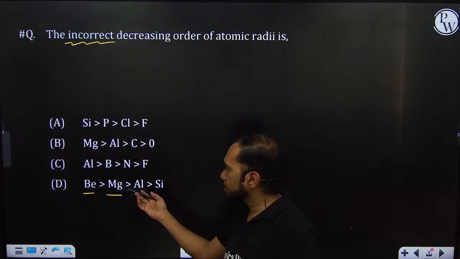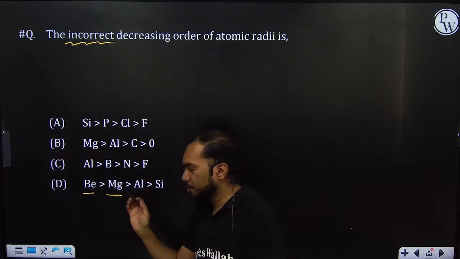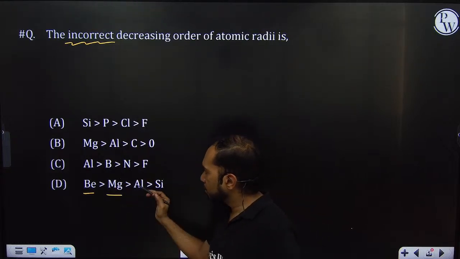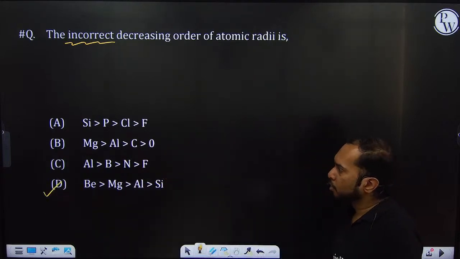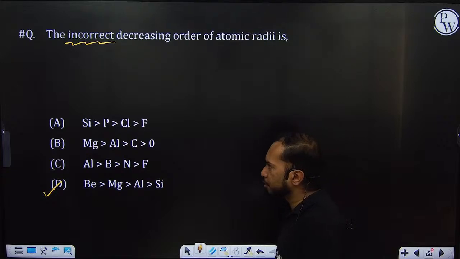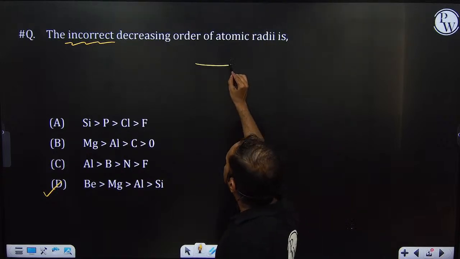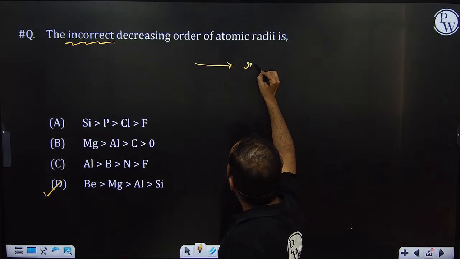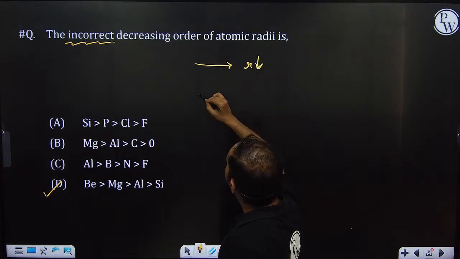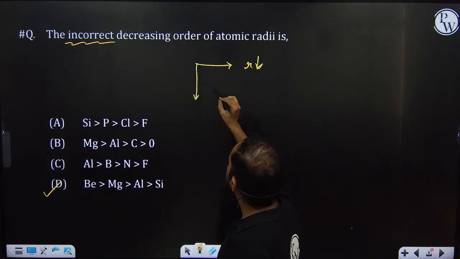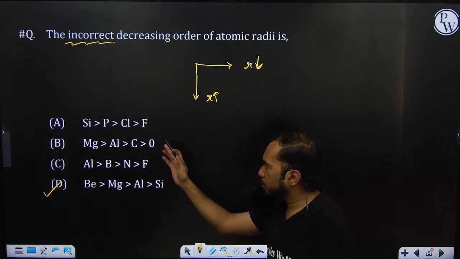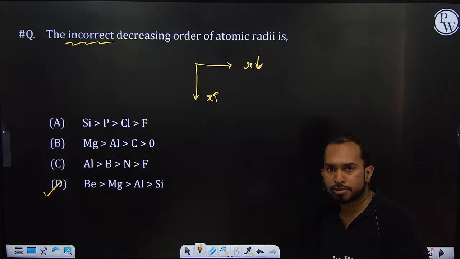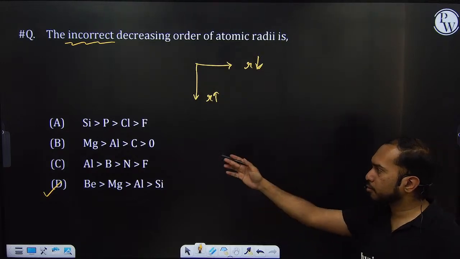Magnesium will be of bigger size. Left to right in the periodic table, and top to bottom in the periodic table, the general trend applies.